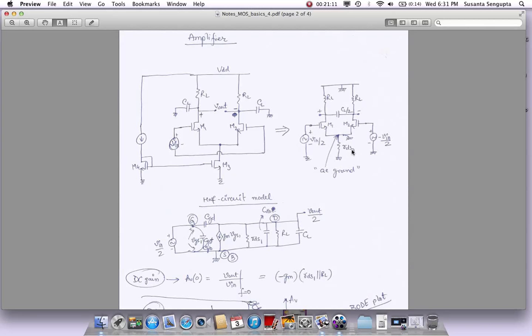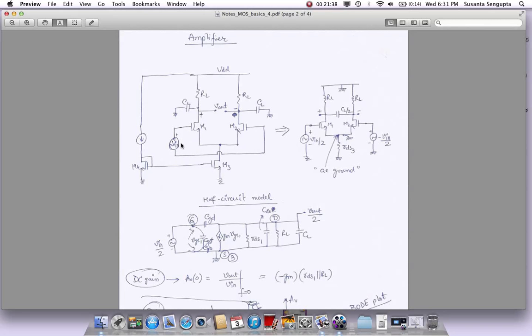Nothing else. Secondly, we are applying a differential input. Anytime we have a differential stage like this, which has a Vin applied here like this, differential input, you can break it into two inputs. You can say one side has Vin by 2, the other side actually has minus Vin by 2. And if I put the two in series, you can see this is ground, and if I connect the two in series, these two will add up and give you Vin.